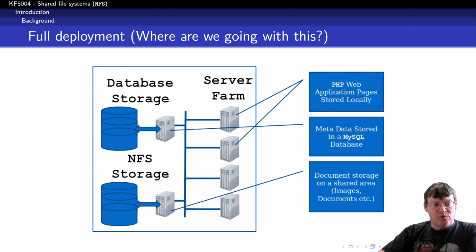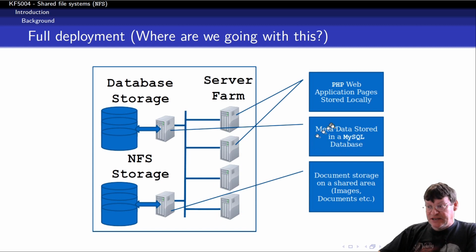In effect, what we're saying here is the web server farm, where all the web servers are, basically have access to a shared NFS file storage area and probably a database as well. All of the application files would be stored on the web server.